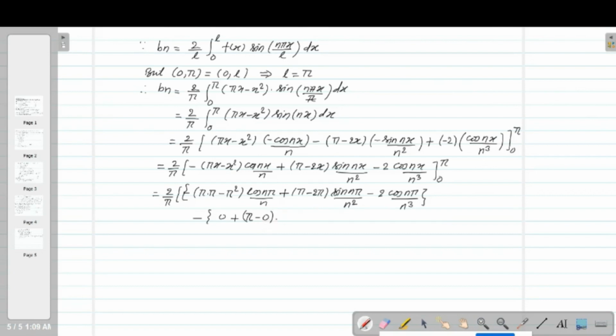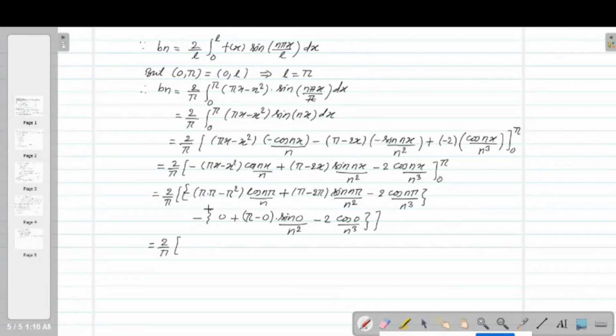Here sine 0 is 0. Just write down sine 0 by n square, and minus 2 times cos 0 by n cube. Close the bracket. So this equals 2 by pi.